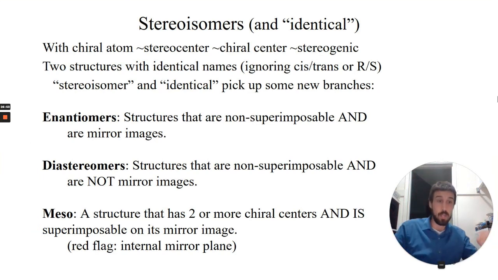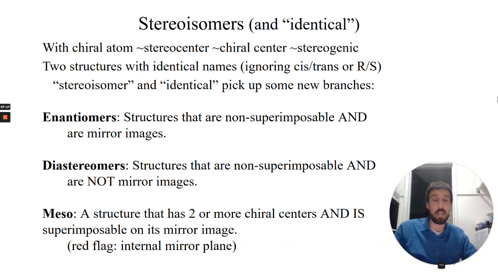Yes, it does. So if you have two molecules that you think are identical, cool, do they have two or more chiral atoms? If they do, their relationship is meso, or the relationship between those drawings is meso. The compound itself is known as meso, and that would be kind of the end of it. That's all I got.